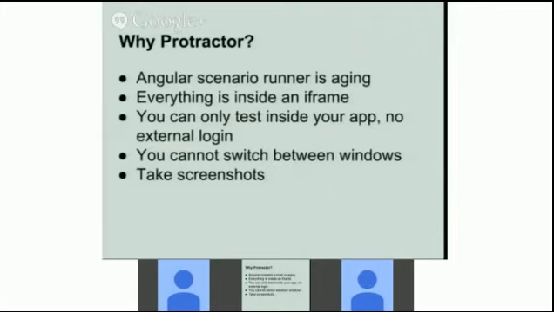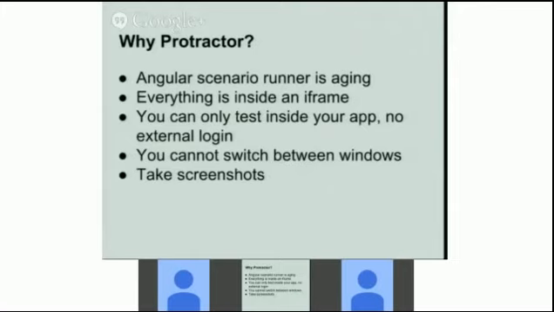Some people ask me what's wrong with the Angular scenario runner, and here are some of the reasons. It hasn't been updated in 2 years. There have been some bug fixes, but it's really limited. So everything you run is inside an iframe.